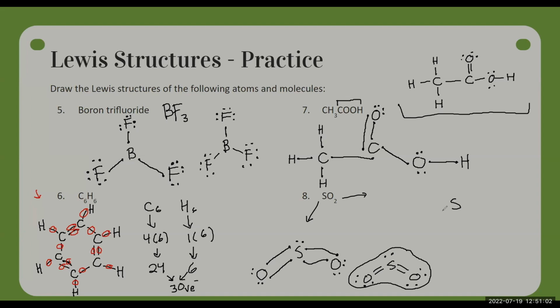And then what we can actually do is we can basically do something called a resonance structure, which will allow us to move one of these double bonds onto the oxygen. And as a result, sulfur is going to lose 1 electron.